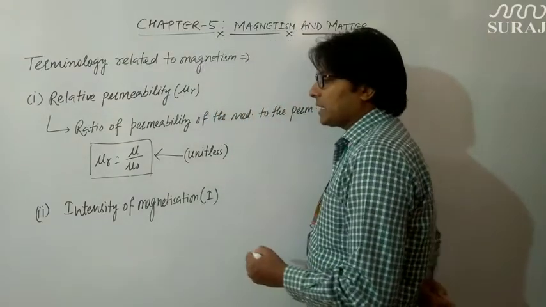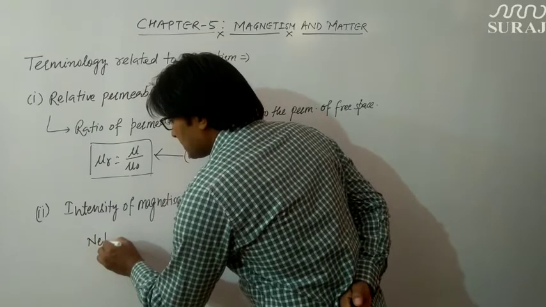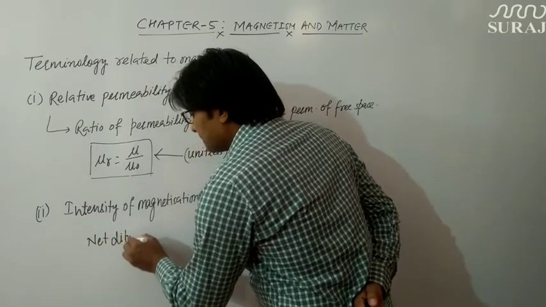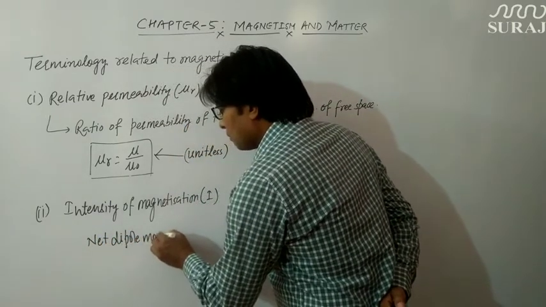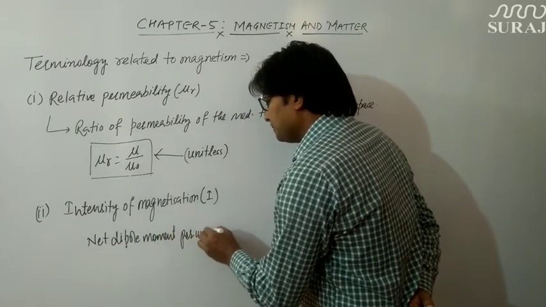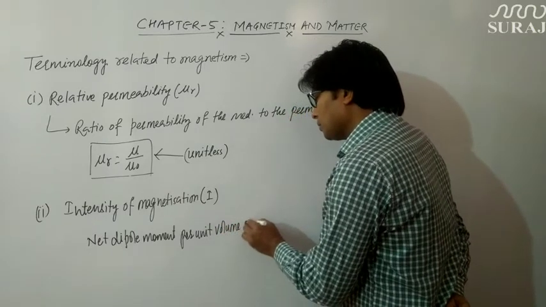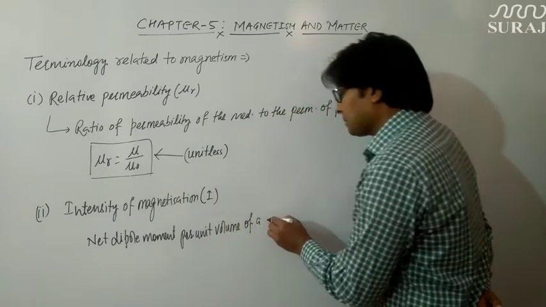Now we are going to define this term. Intensity of magnetization of a magnet can be defined as the net dipole moment per unit volume of a magnetic material.